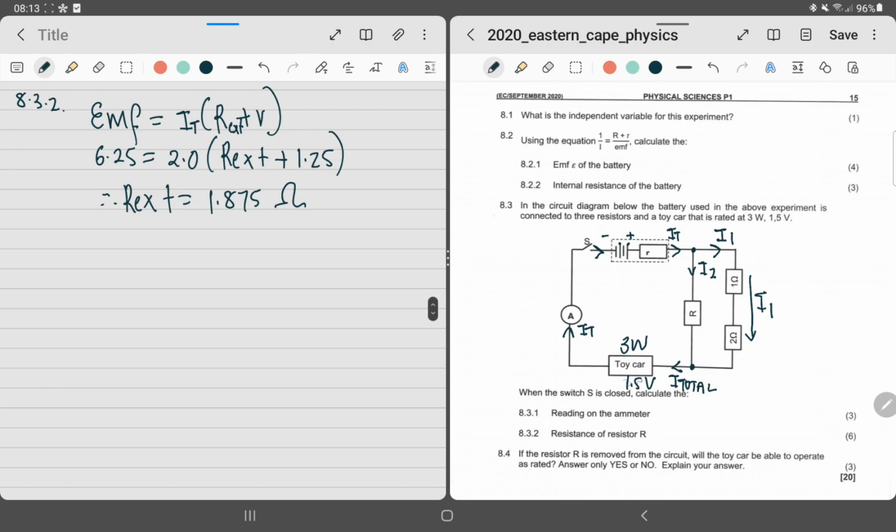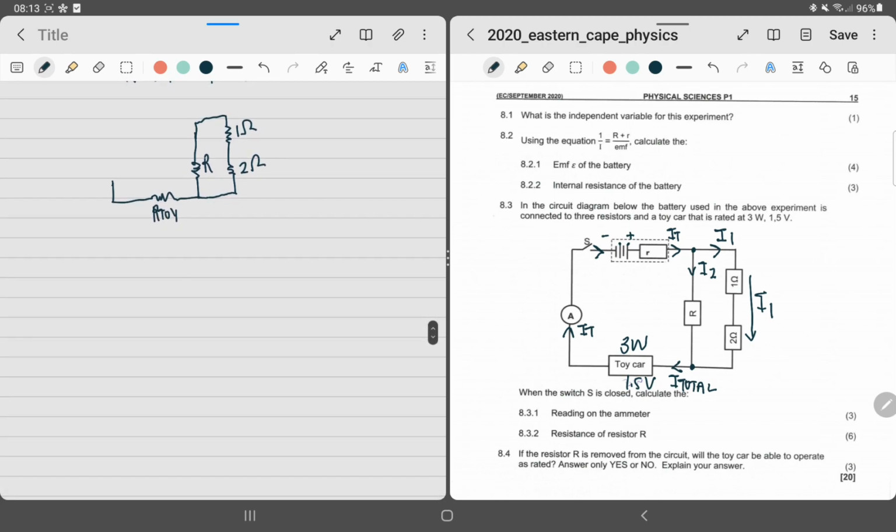Now let's look at the circuit. So these are all the resistors that we have. And then this is the resistor of the toy. We will start with these two. They're in series, so that will be the series combination.